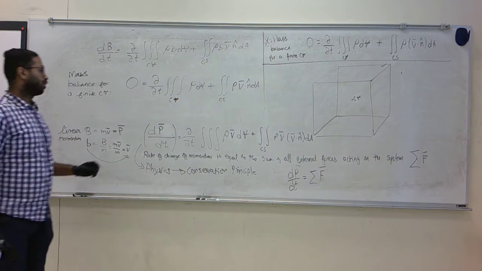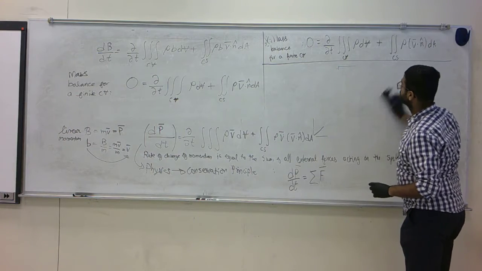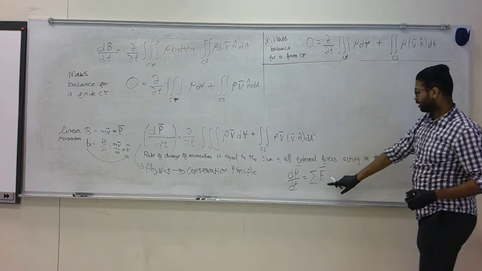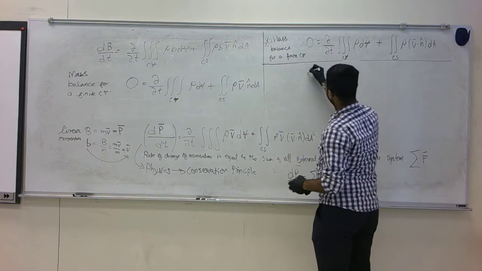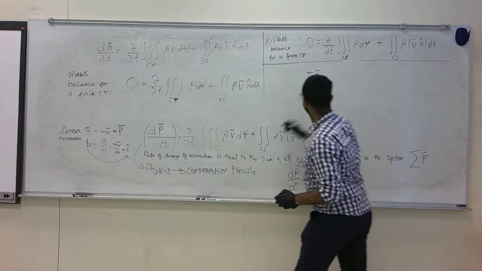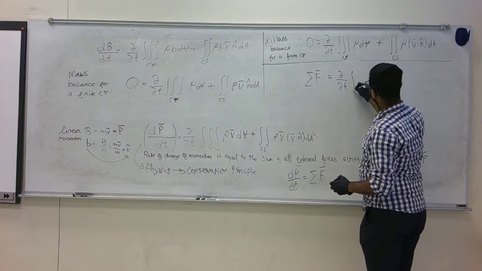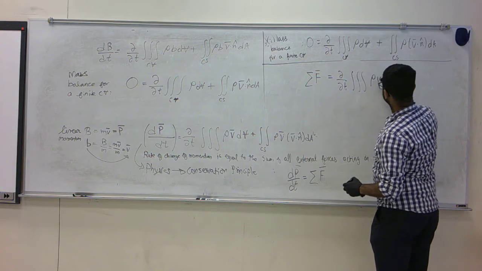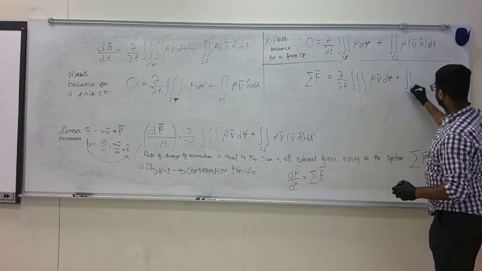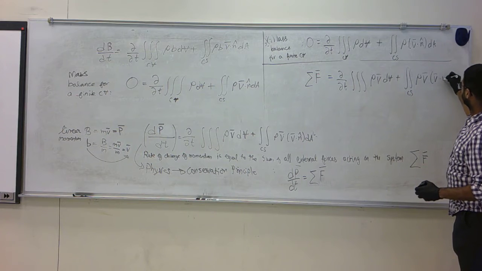Okay. Now let me erase this picture. If I piece this statement and this statement together, I have the sum of all external forces, which is the left side, should be equal to the rate of change of momentum in this volume plus the rate of flow of momentum across this volume.